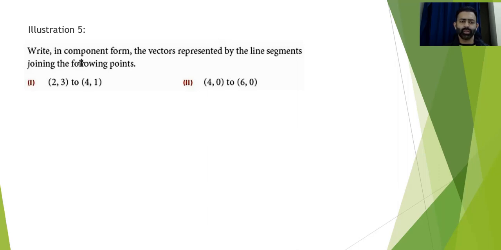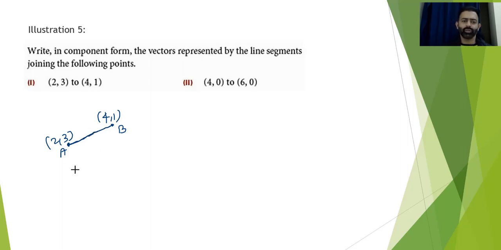Next we have to write in component form the vectors represented by the line segments joining the following points. So let us say this is the point 2 comma 3. I'm calling this point A, and the second point is B, which is 4 comma 1, right? So this vector we have to find in component form.